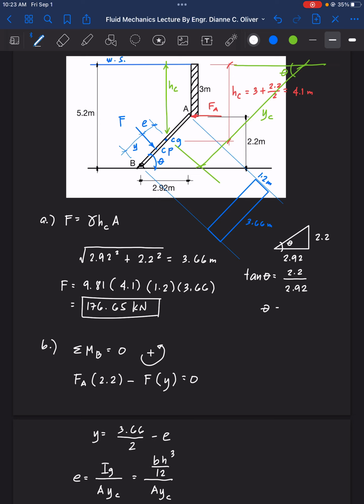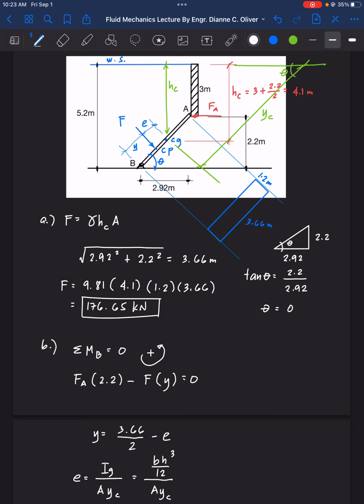So theta is equal to inverse tangent of 2.2 divided by 2.92. Oh, sorry, I was in radian mode.